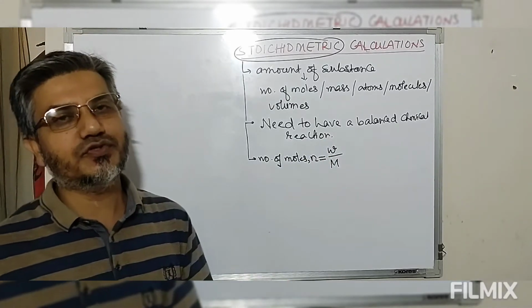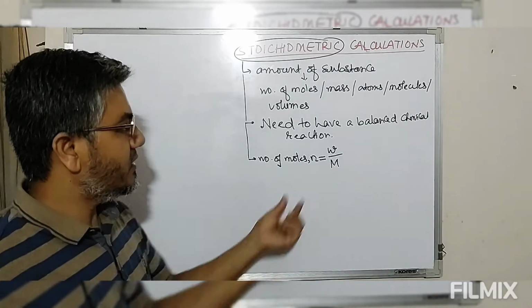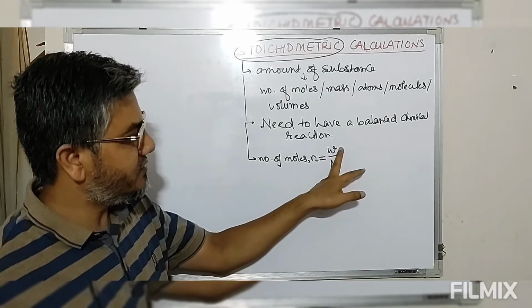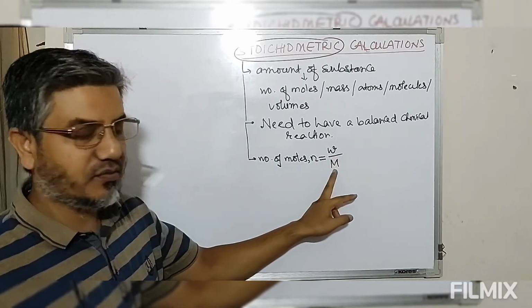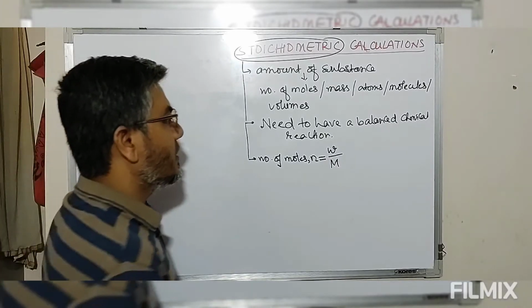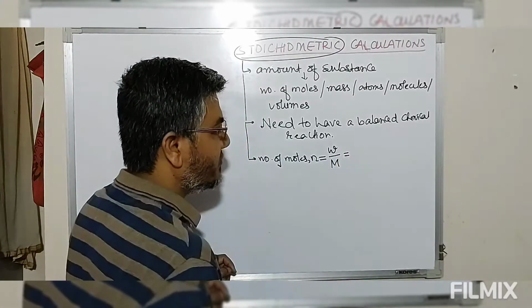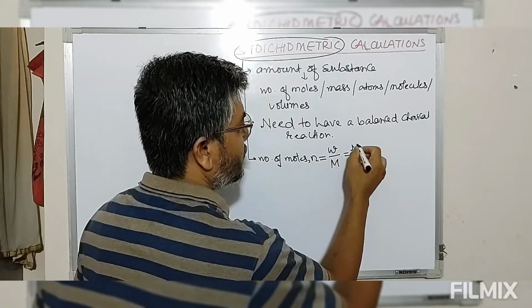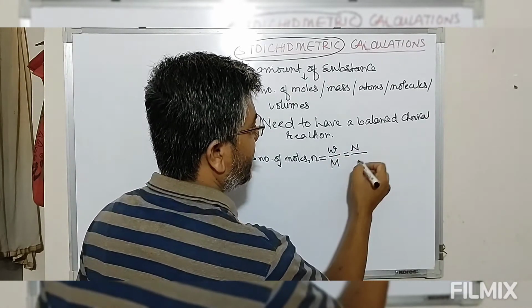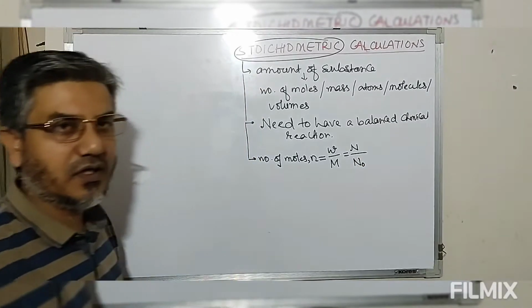Or if the number of moles is given and we have to define the mass, then mass of the given substance is equal to number of moles multiplied by molecular mass or gram atomic mass. Now if instead of mass, the number of molecules is given, then the number of molecules present in the sample divided by Avogadro number, that is 6.02 into 10 to the power 23.